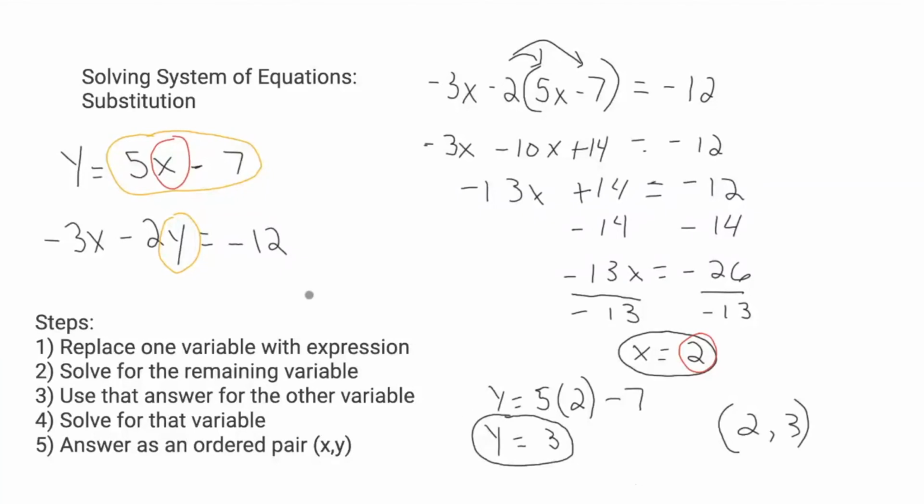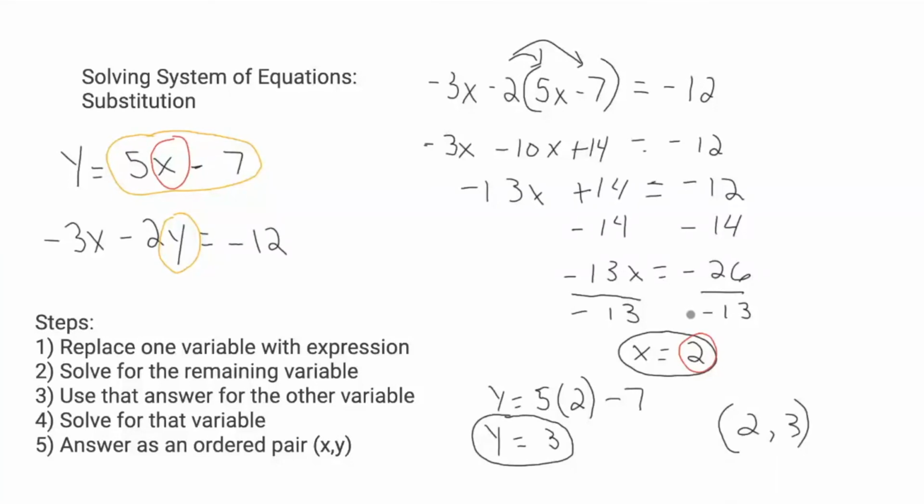So again, all you're doing is finding, in this case, the y, and sometimes the x, will be isolated by itself. So you can use all that information on the other side of the equal sign and plug it in for that variable. When you do that, you only have one variable, so you can go through and solve for that particular variable.